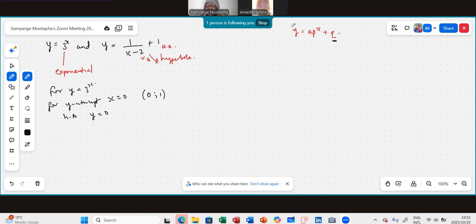Now we just need to find where the graph will pass. For the y-intercept x is 0; for the x-intercept y is 0, and if it is 0, it won't work. If we say 0 equals 3 to the power x, this is not applicable.